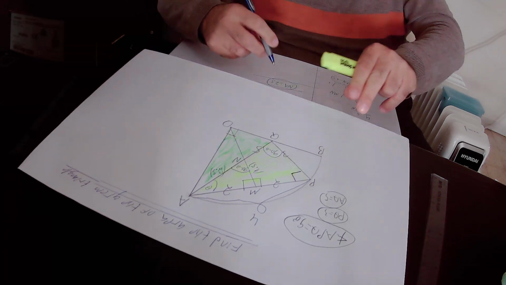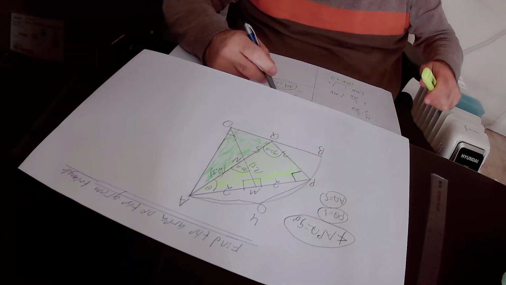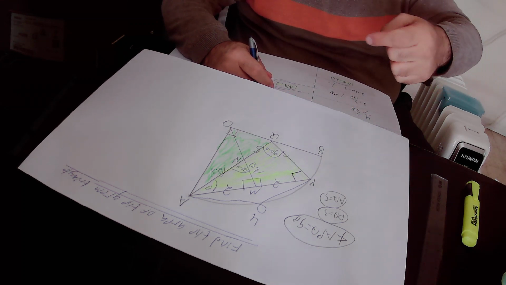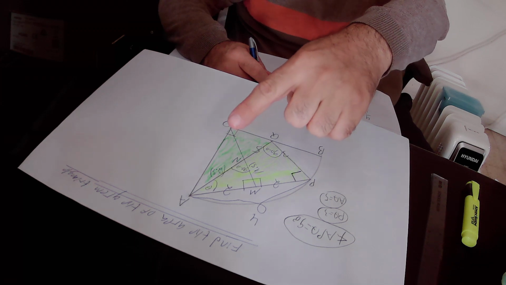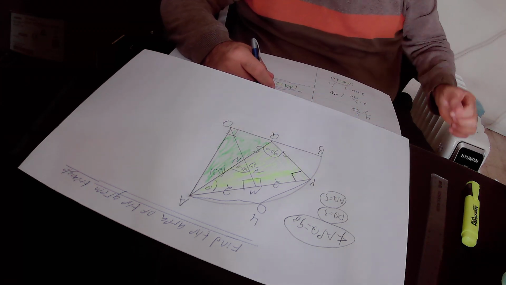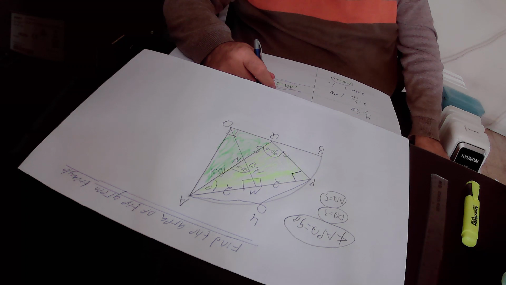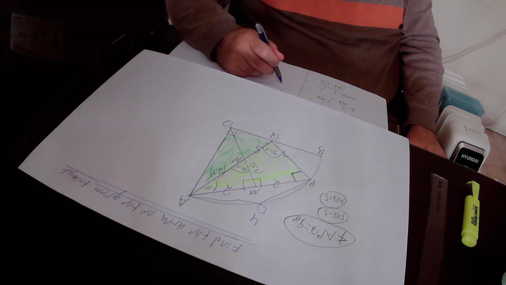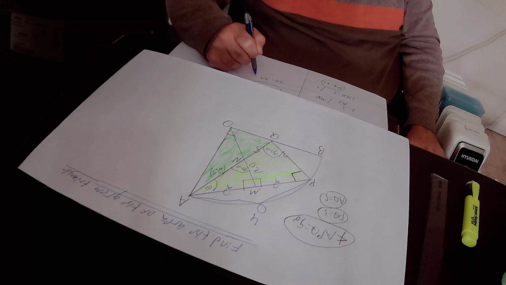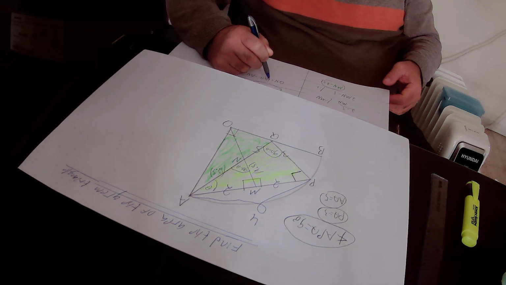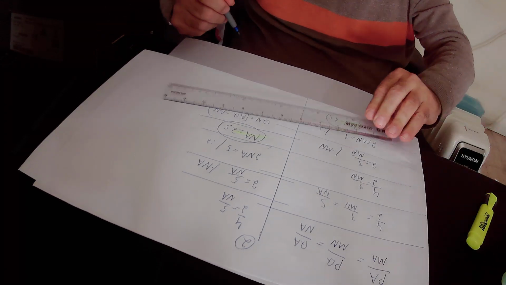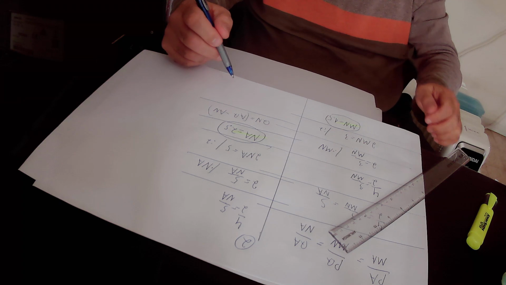What is the length of line segment QN, or NQ? It is very easy to see from the drawing that QN equals AQ minus AN.